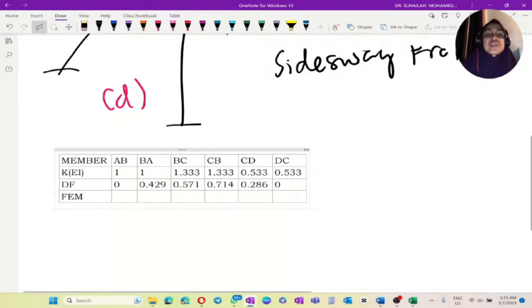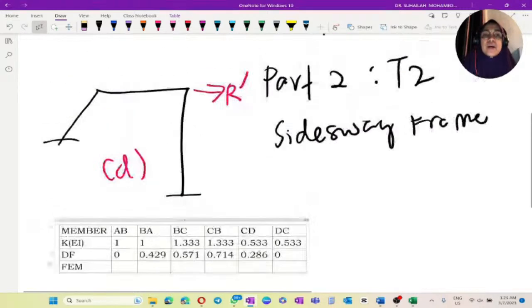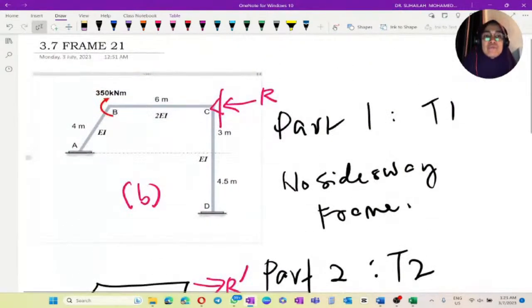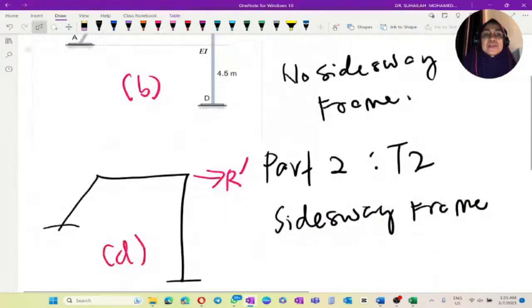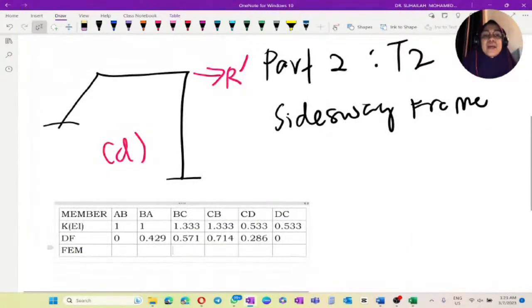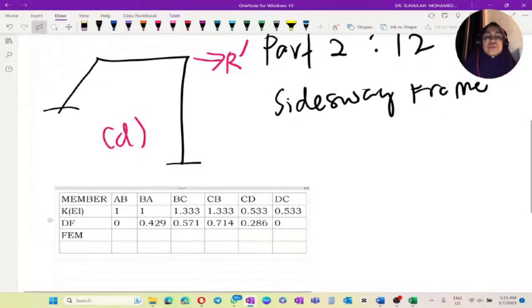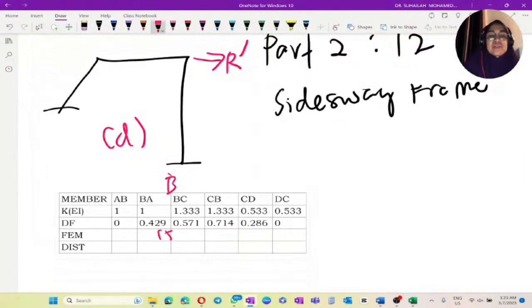Distributing joint moment means that we do not put the 150 and the 350 in A or B, C, because it is one value. So we just need to distribute the 150. The 150 belongs to joint B, so the value is 150.